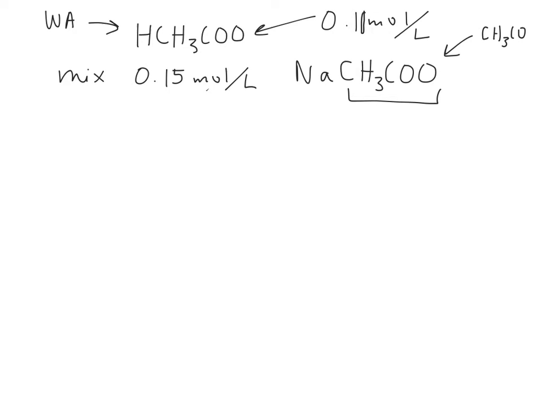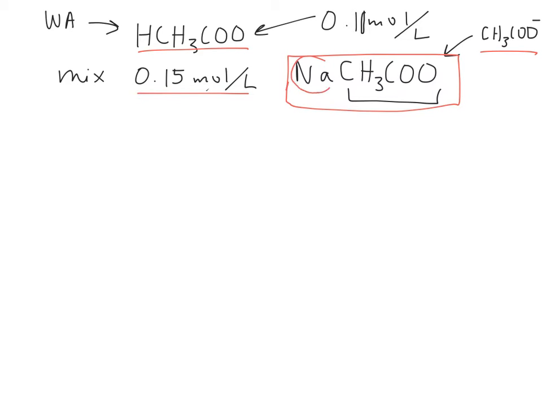You can't just put in acetate anions by themselves. They always come with a cation, right? So you're going to take some of this entire soluble ionic compound, dissolve it in solution to end up with this concentration to give you a conjugate base partner to this acid, okay?